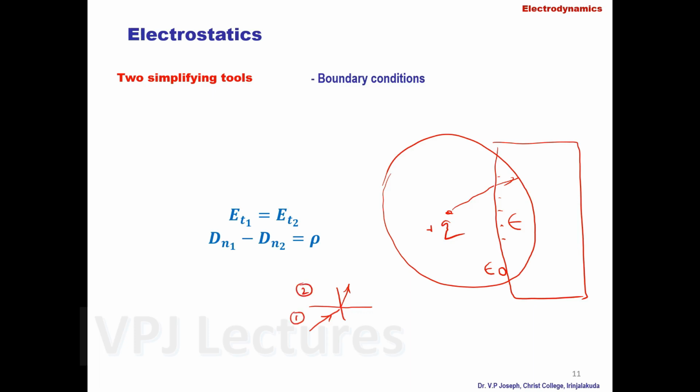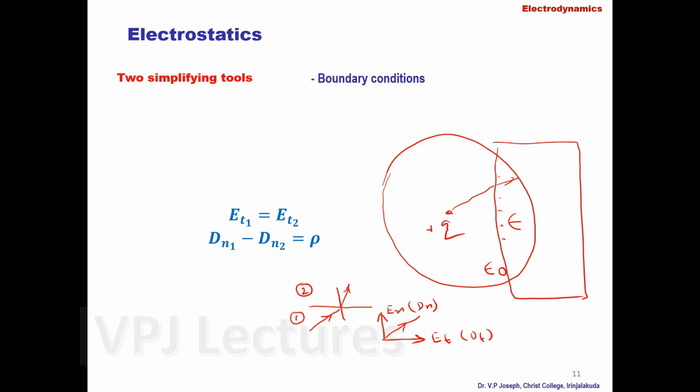Then the incoming electric field divides into two components. One is called the normal component En, or Dn, and the other is called Et or Dt. Usually we are interested in Et, and here it is Dn because the normal component changes with respect to some sources.